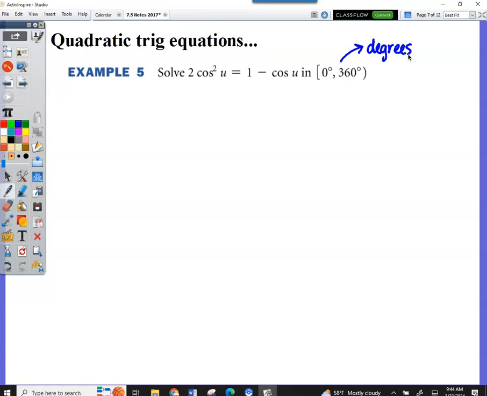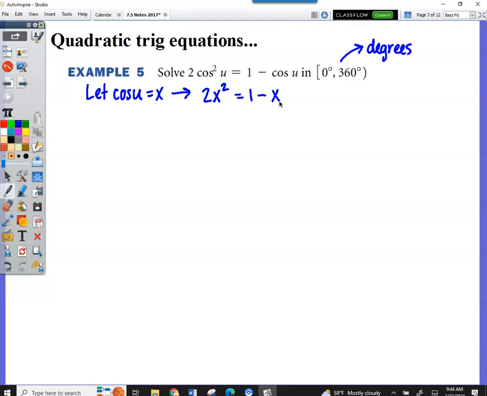X. So I'm going to let cosine u be the letter X. And now everywhere I see cosine u, I'm going to write an X. So this is cosine squared u, so it would be X squared. So this is 2x squared equals 1 minus x. And so when you look at that, that's less intimidating.